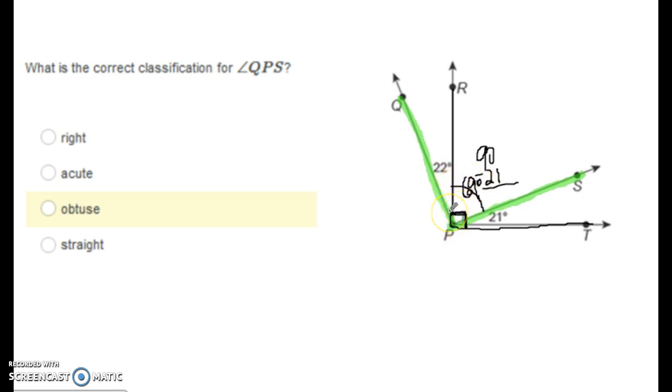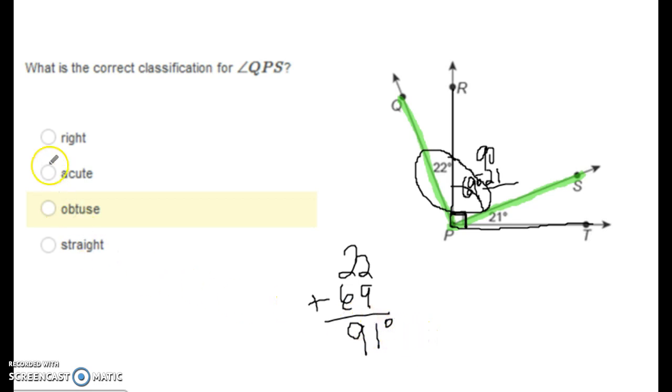And then we could figure out the QPS by adding together the 22 and the 69, which tells us it's 91 degrees. So that is obtuse. Anything greater than 90 degrees is obtuse.